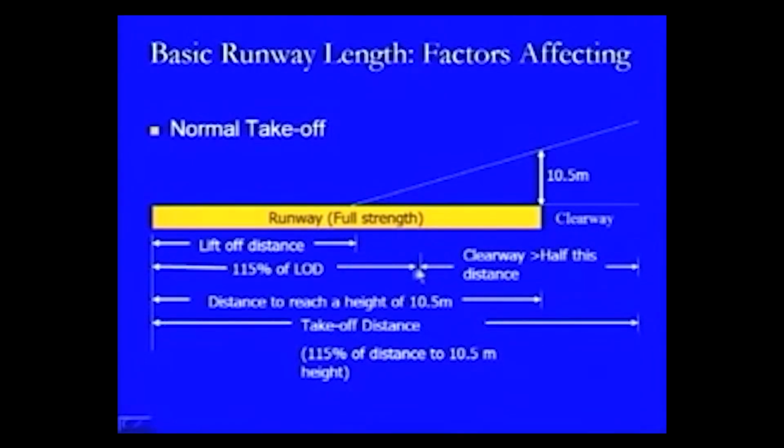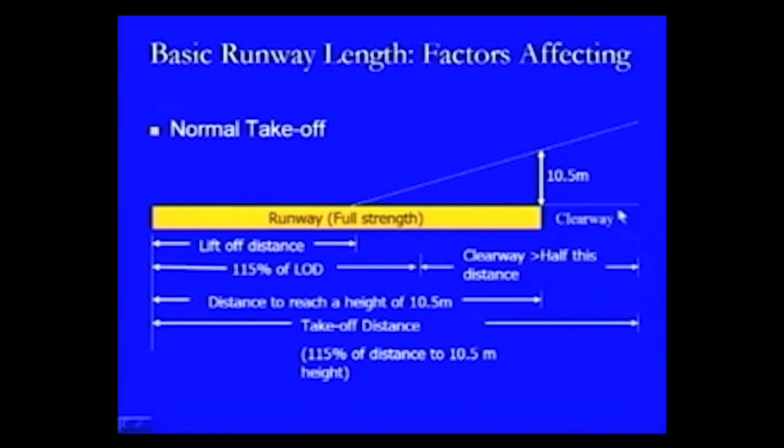The distance between this 115% of the lift off distance, that is this point and this point, is the clearway distance, which should be half of this distance. So, this clearway should be half of this total distance.